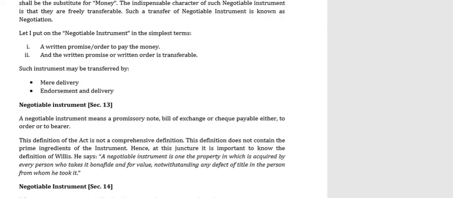Negotiable instrument in simple terms: it is a written promise or order to pay the money, and the written promise or the written order is transferable. Sir, transferability means negotiability. Okay. Now the instrument may be transferred by a mere delivery or by endorsement and delivery.